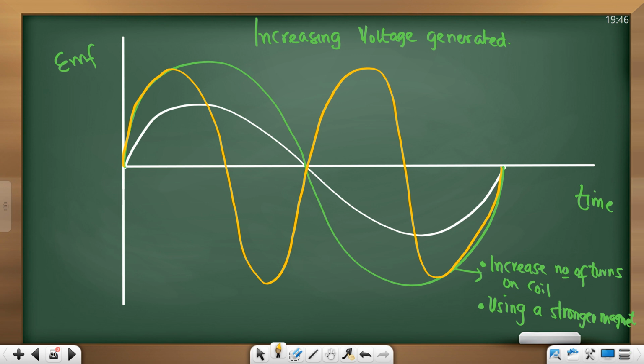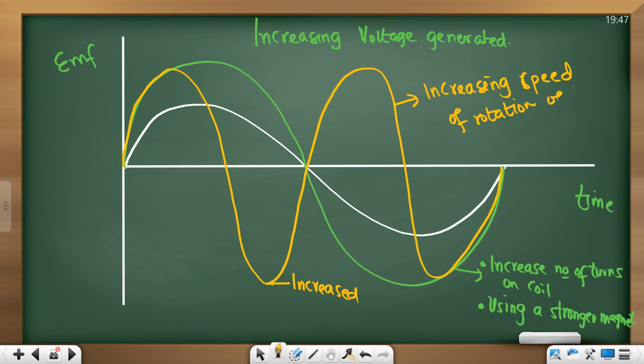Now, you would notice that we have also increased current here, but what are we doing? We are increasing the speed of rotation. That's why we have more frequency. Increasing the speed of what? Rotation of the coil. Please take note.